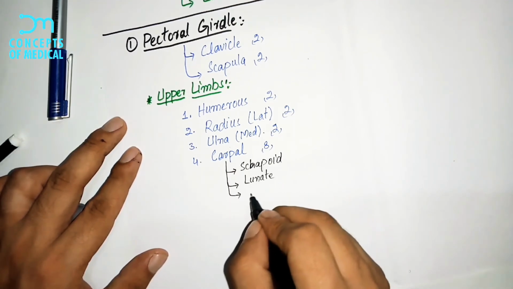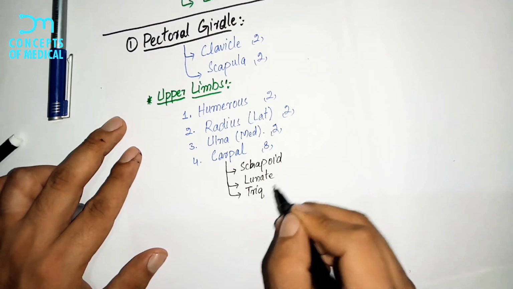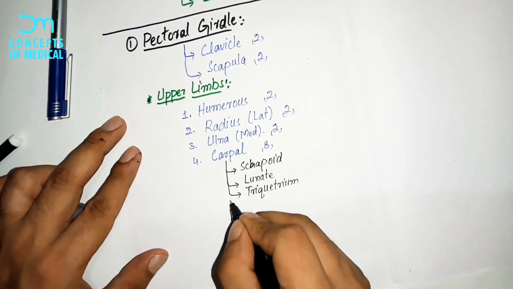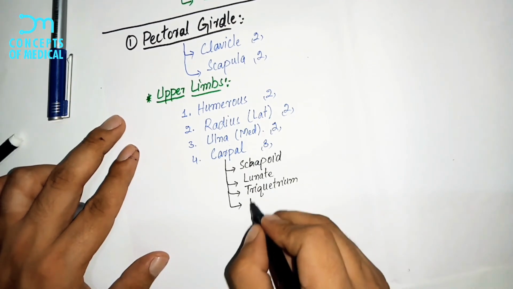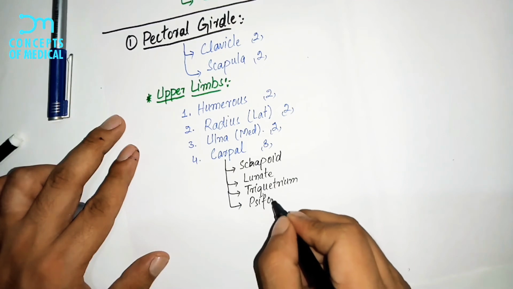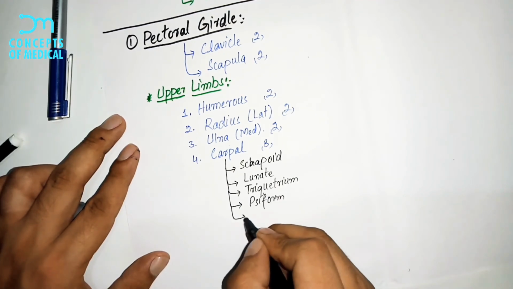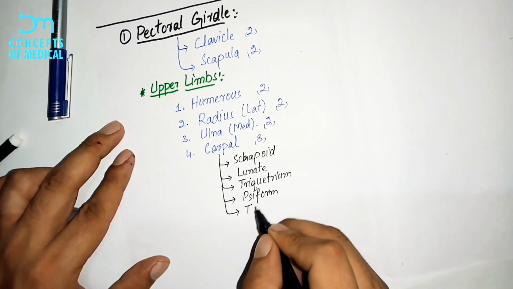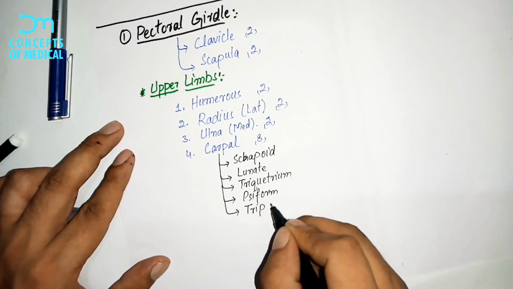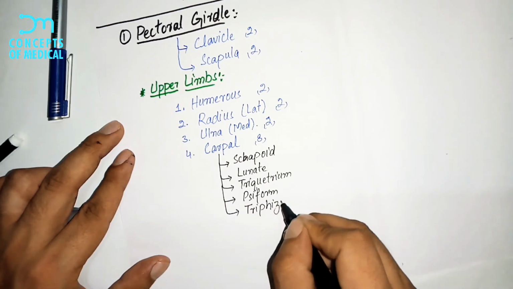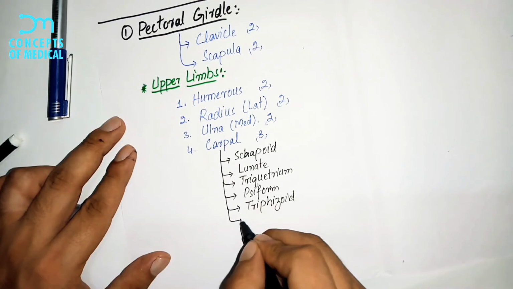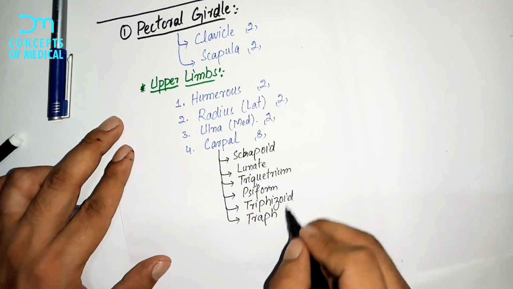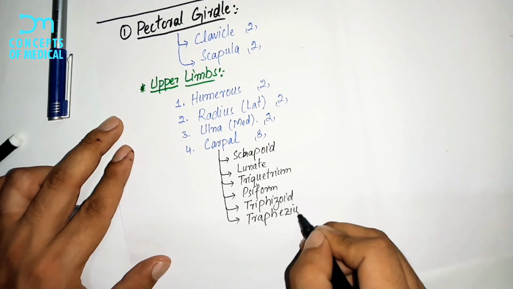The third is the triquetrum. The fourth one is the pisiform, and the next is the trapezoid, and then the trapezium.